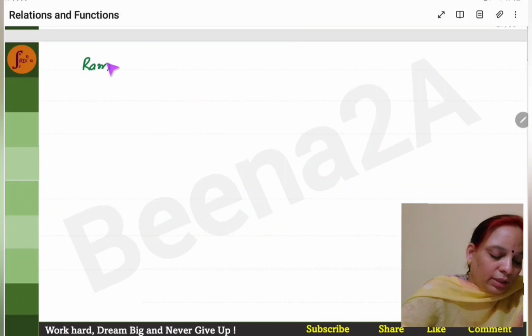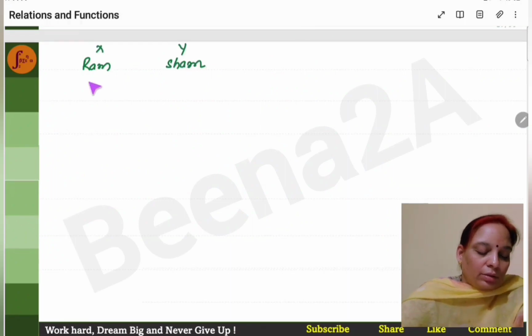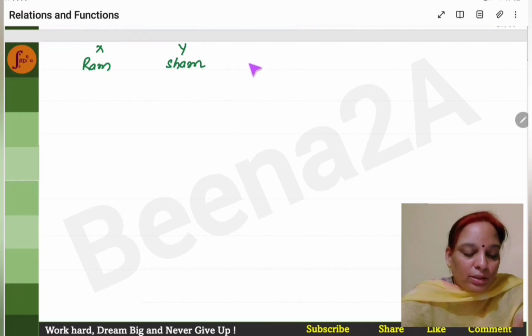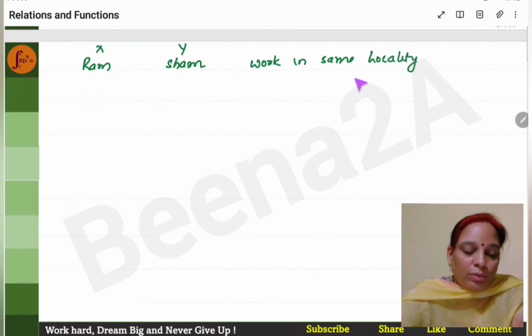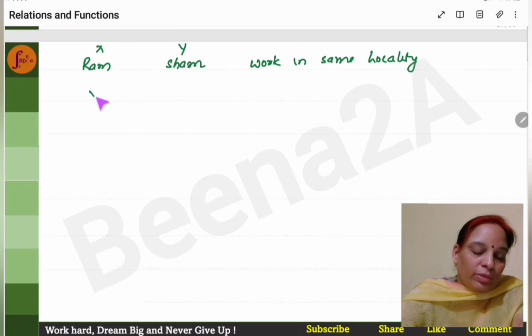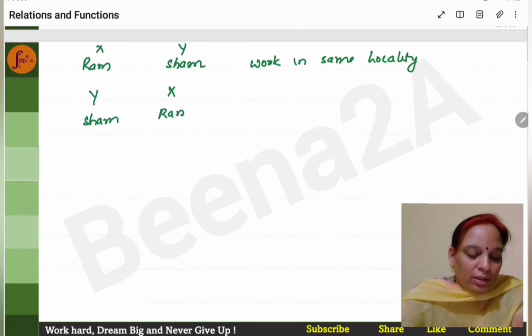You have x and y. X and y are Ram and Sham. So if Ram and Sham work in the same locality, then for symmetric it should be y comma x, that is Sham and Ram. I am reversing it. Sham and Ram work in the same locality.